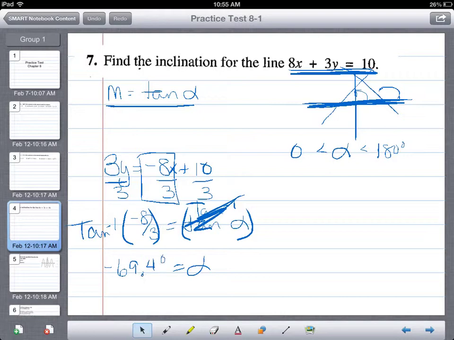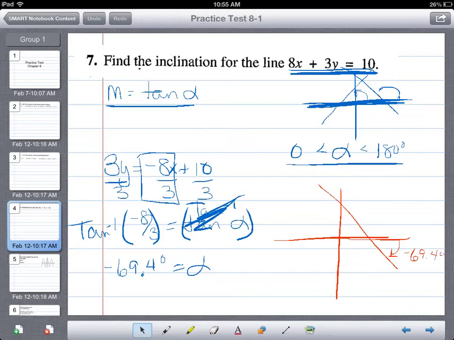This is a great example because alpha cannot be negative. It's got to be between 0 and 180. Let's visualize what a negative 69 degree angle looks like. Somehow this slope is doing something like this. That's probably where we're getting that negative 69.4 degrees.